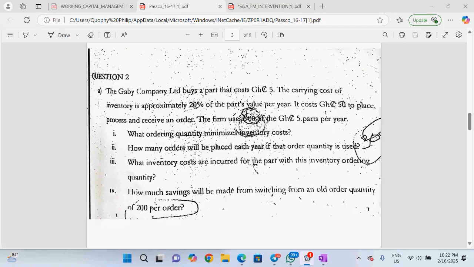It is AD over EOQ, sorry, times ordering cost per unit, right? Yes, ordering cost per unit. And remember that I wrote at the top, check here.